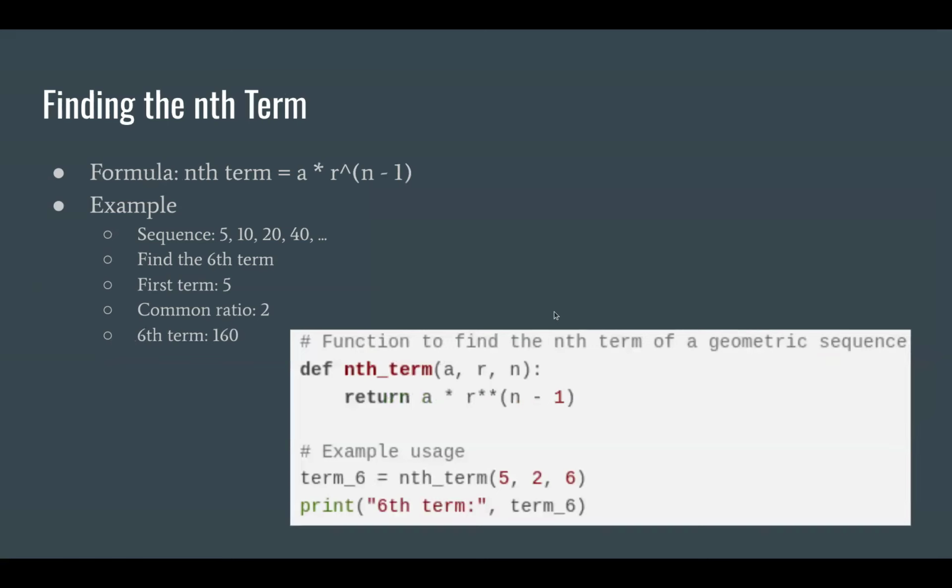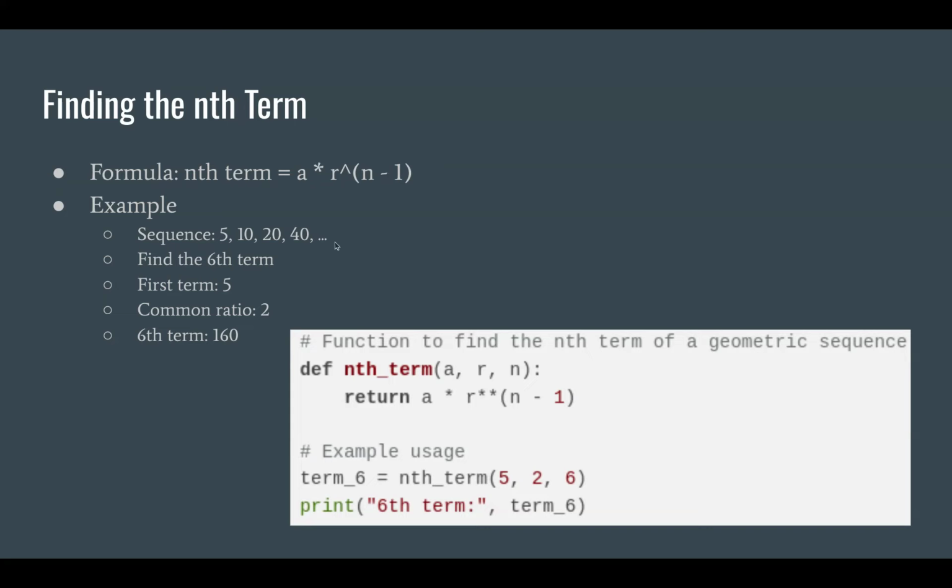Finding the nth term. In order to find any term in a geometric sequence, you can use the formula for the nth term, which is A times R to the n minus 1 power. If we take a look at an example, suppose we have the sequence 5, 10, 20, 40, and so on, and we're interested in finding the 6th term.